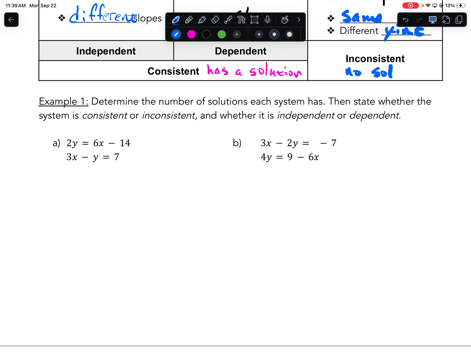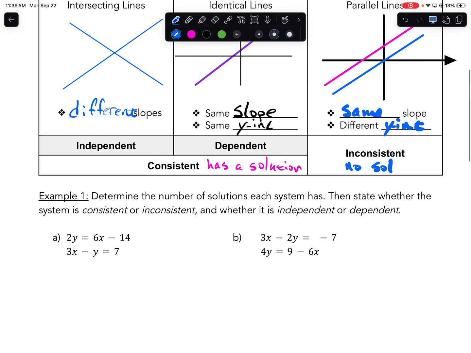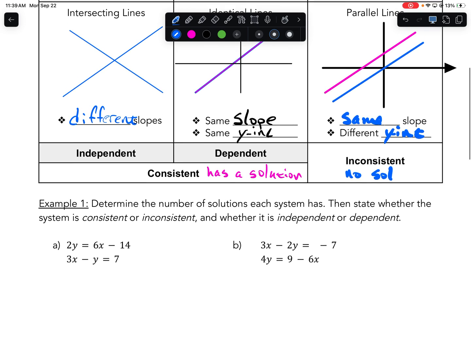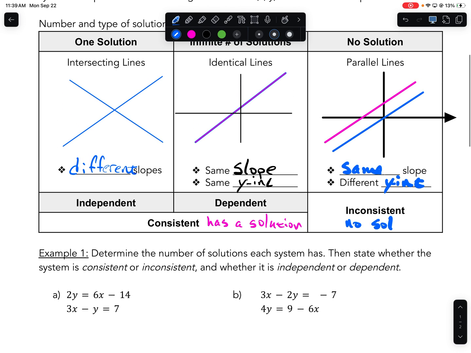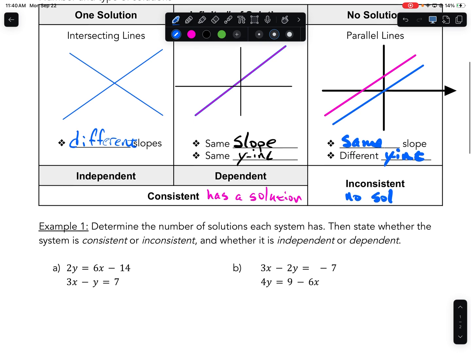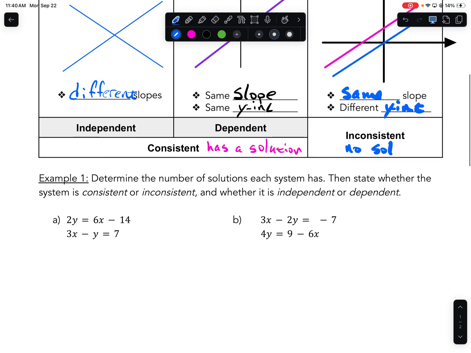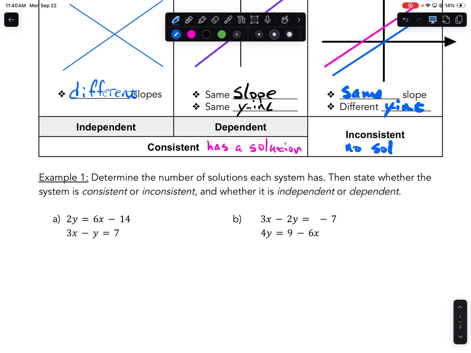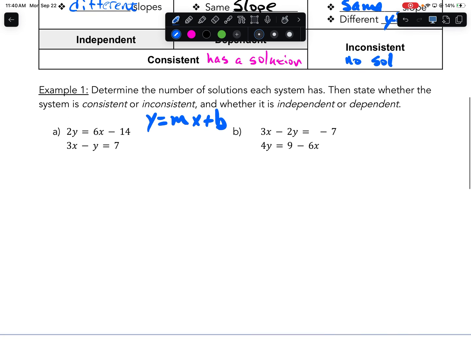So, if we want to figure out if these equations in A and B, we'll do A first, obviously, are independent, dependent, consistent, or inconsistent, what form should we get those equations in? Y equals mx plus b, right? So I was writing down the form that I'm going to be trying to work with, because then I can remember I want to get the y by itself.